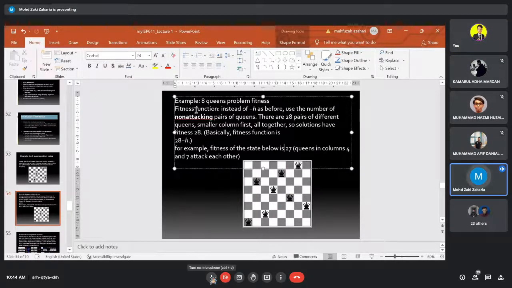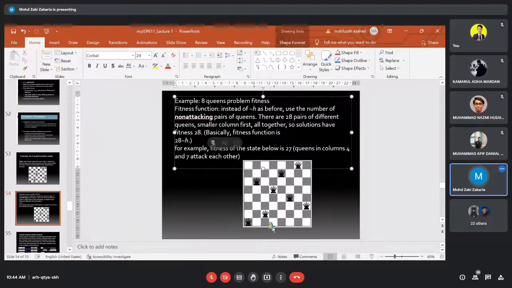Okay, so you tengok kat sini. The definition of the fitness function ni. Based on this, what we call this figure ni. For example, the fitness of the state below is 27 because queen in column number 4 and 7 attack each other.